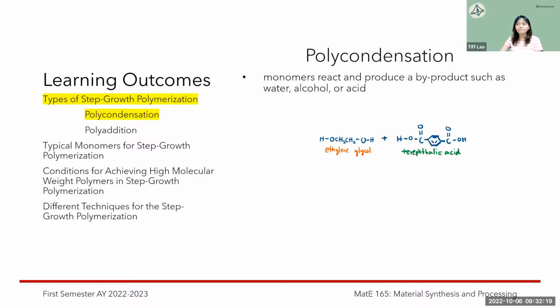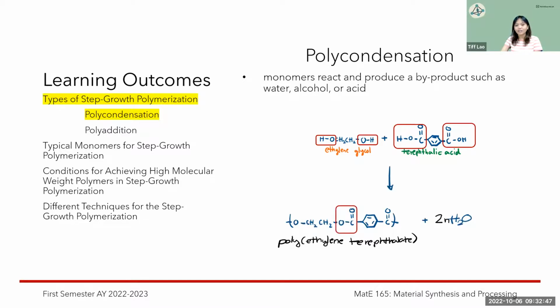So automatically, alam mo na, step growth to. And if you will check yung mga functional groups, makikita mo na OH. Kasi ito carboxylic acid. If you're going to react carboxylic acid with hydroxyl, ang mangyayari ay magkakaroon ka ng byproduct na water.